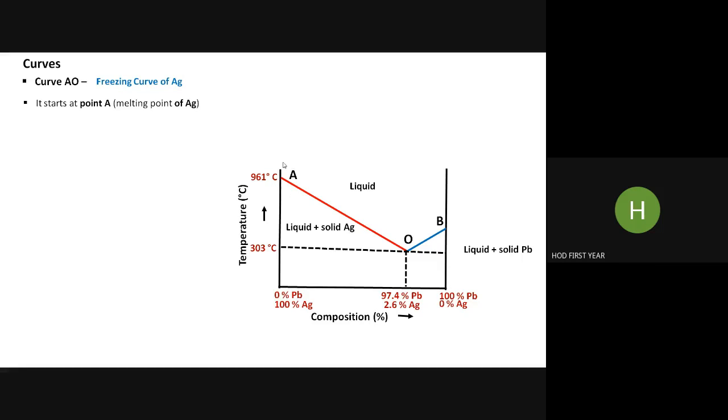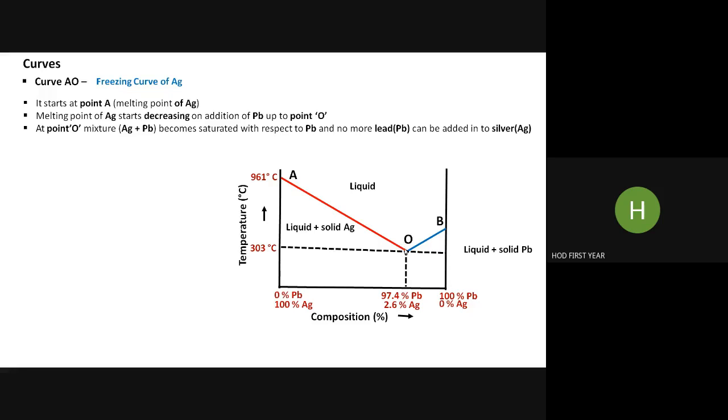The melting point of pure silver. The melting point of silver starts decreasing on addition of lead up to point O. Whatever you see on the plot, you have to write the same thing in a sentence. When we start adding lead into silver, the melting point of silver is decreased up to the point O.